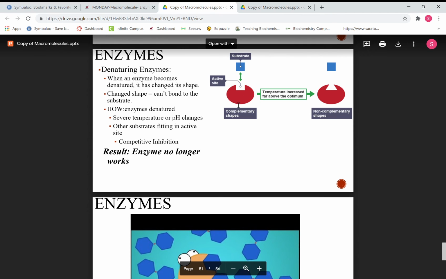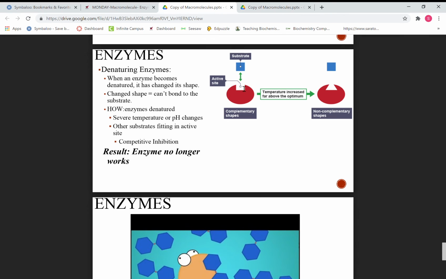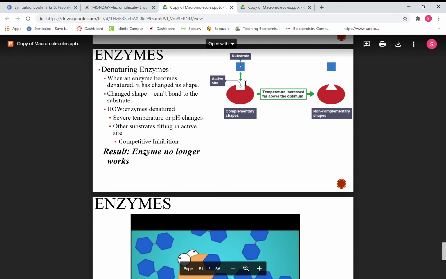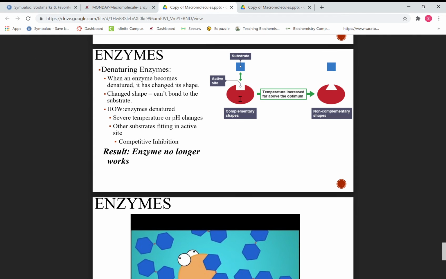So here is an enzyme, its active site again is right here, and the substrate's right here. So those two are going to come together to create that lower activation energy to make the enzyme cause the reaction to go faster, which would then make the enzyme something to help the reaction take place.